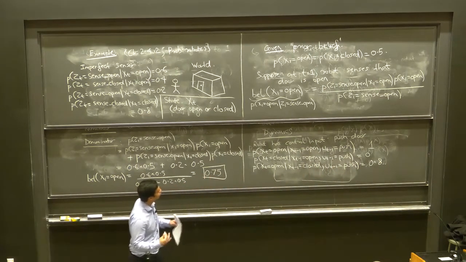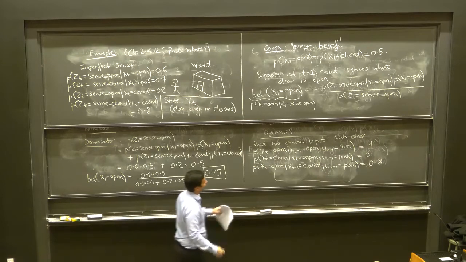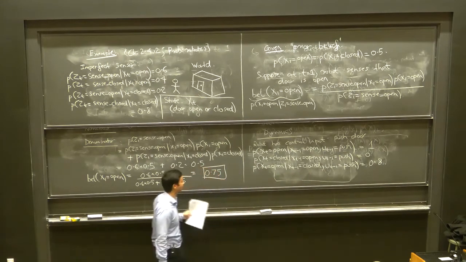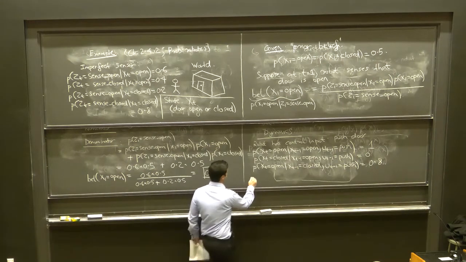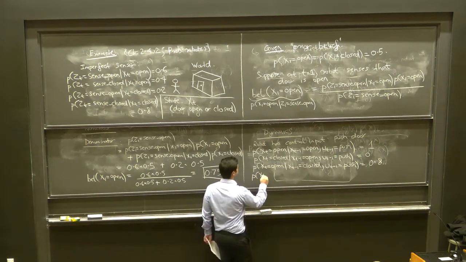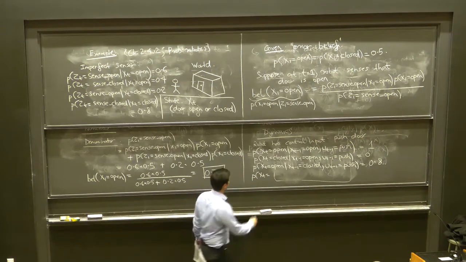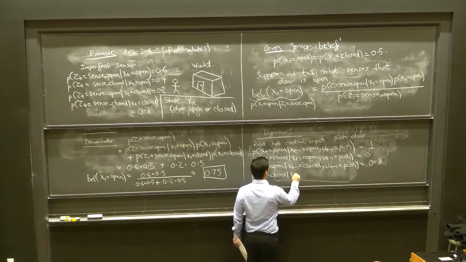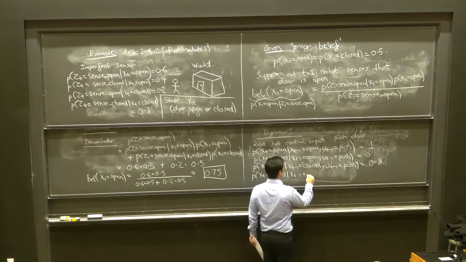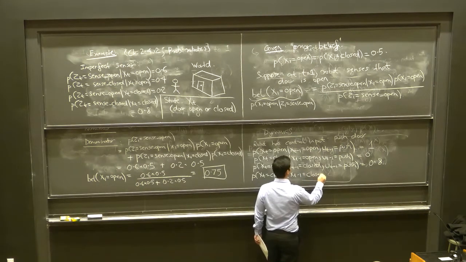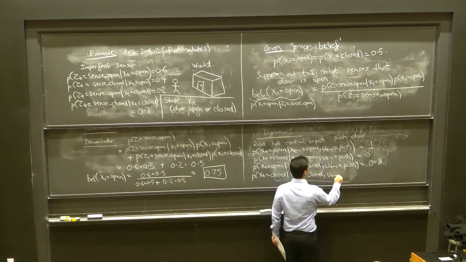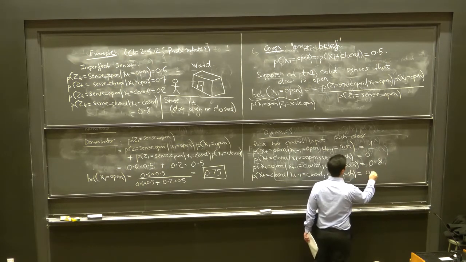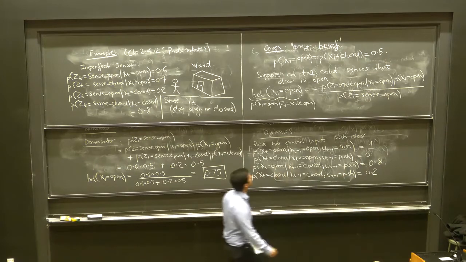So if the door was closed and the robot pushes it, it has an 80% success probability of opening the door. And finally, the probability that the door is closed at the next time step, given that it was previously closed and the robot pushed the door. So this is just 1 minus 0.8, which is 0.2.